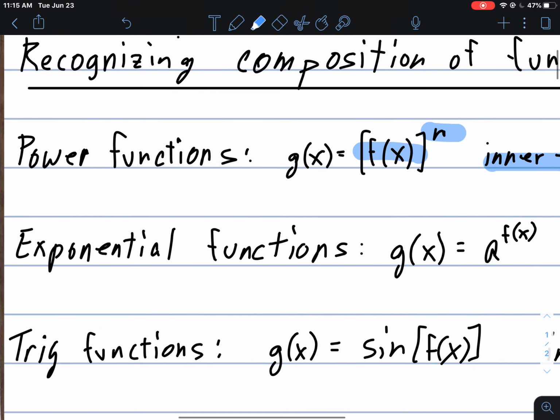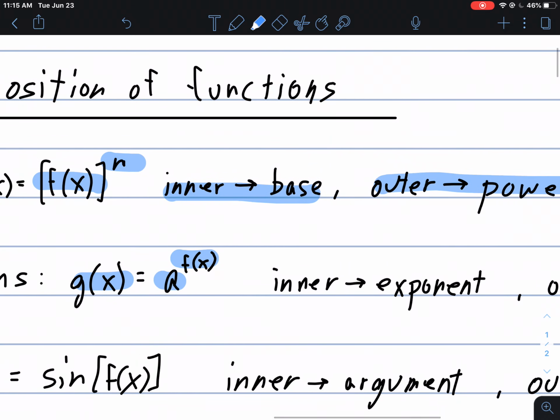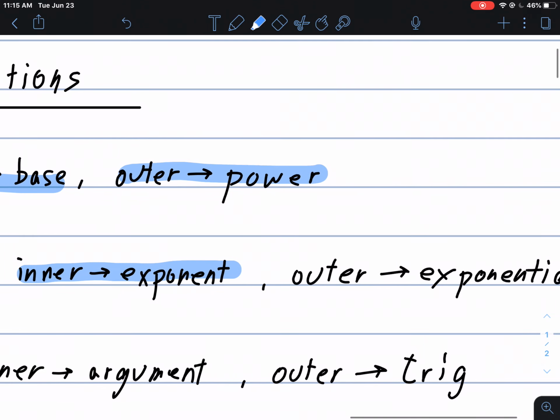For an exponential function, remember an exponential function is a function, say g of x equal a raised to some power, where in this case the variable is in the exponent. The exponent is where you find the function, and the base is a constant. So in this case, the inner function is the exponent, and then the outer function is the exponential function itself.